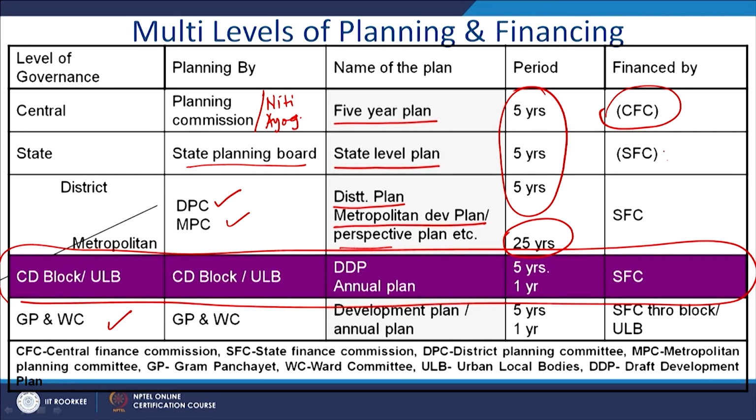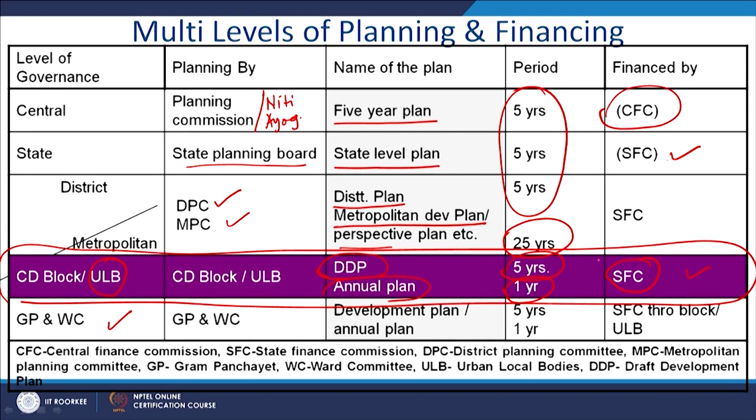For the state, it is the state finance commission, and it comes through the state finance commission to the local level. So, at the block level or at the urban local bodies level, it is the development plan, or in short we call it the draft development plan, and the annual plan. The development plan is usually for 5 years, and the annual plan is for 1 year, and the finance is provided through the state finance commission.